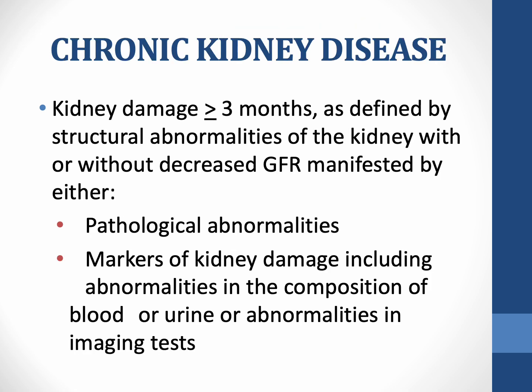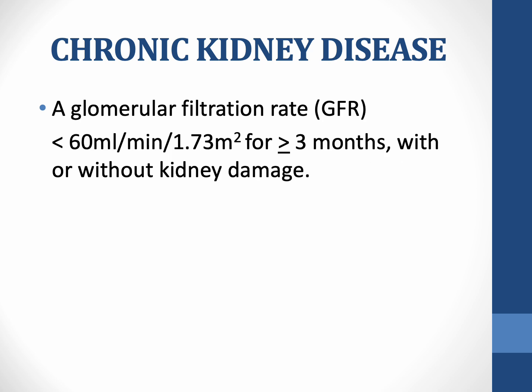Chronic kidney disease is defined as kidney damage lasting more than 3 months, which may or may not be associated with a decrease in the GFR. This damage can be identified by pathological abnormalities, changes in blood or urine composition, or abnormalities detected in imaging tests.